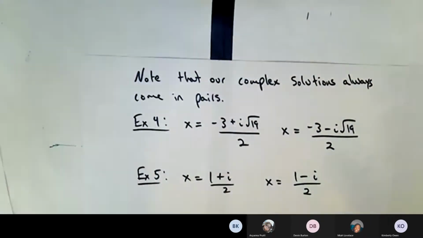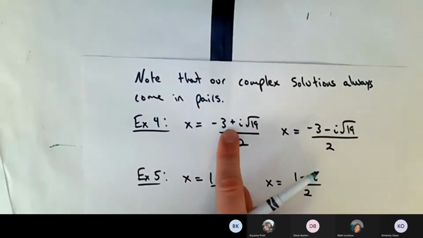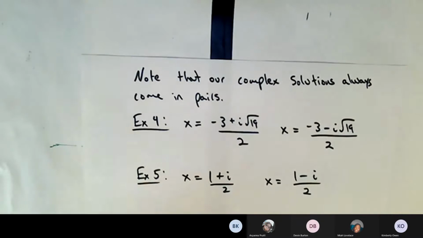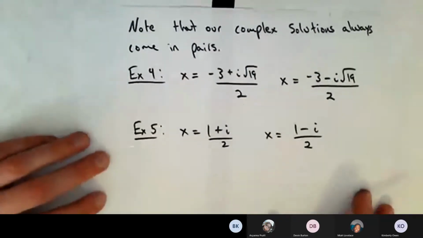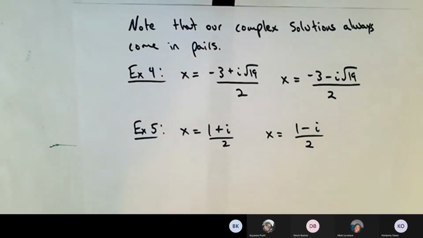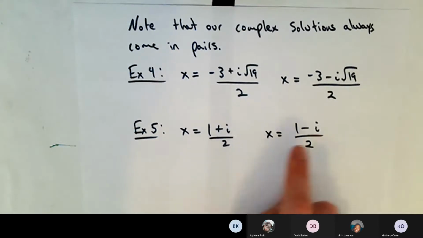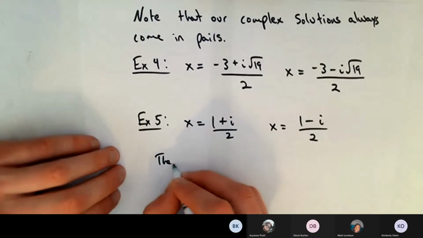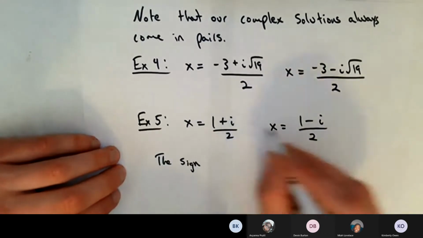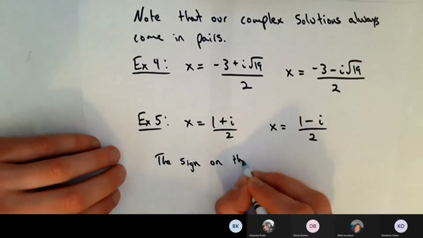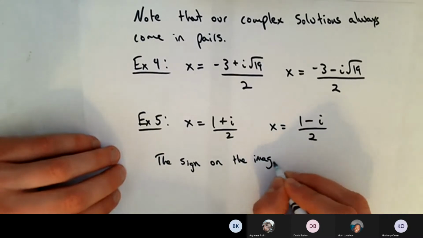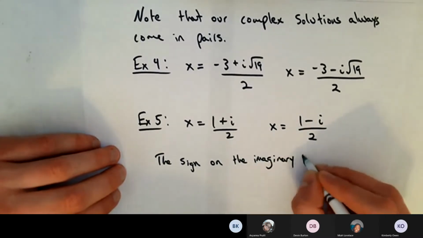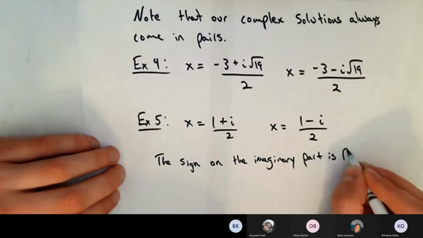And as I'm writing them here, I'm just splitting them instead of just writing plus or minus, to emphasize the fact that they're coming in pairs, where the only difference between these solutions is the little sign in the middle, the sign on the imaginary part. The sign on the imaginary part is flipped.